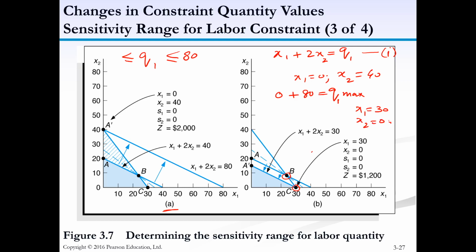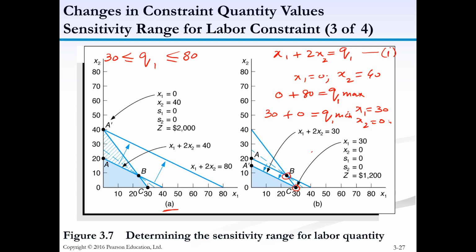If we put this value in equation 1 again, we see that x1 is equal to 30 plus 0 is equal to Q1 minimum. So what we get is 30 here.